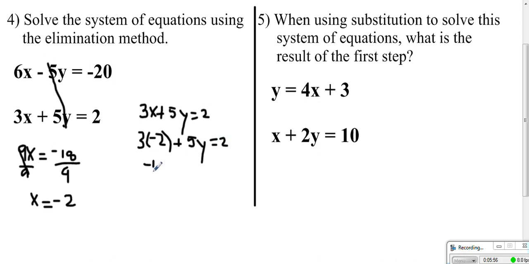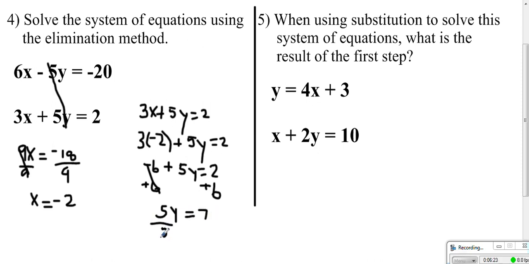This is negative 6 because it's 3 times negative 2, plus 5y equals 2. You add 6 on both sides. And you have 5y equals 7.